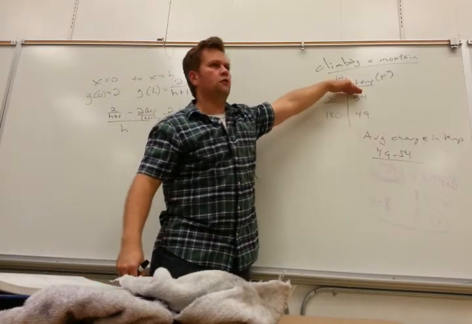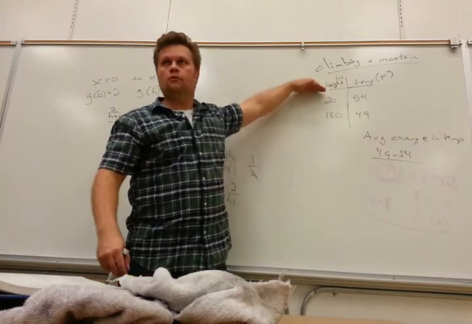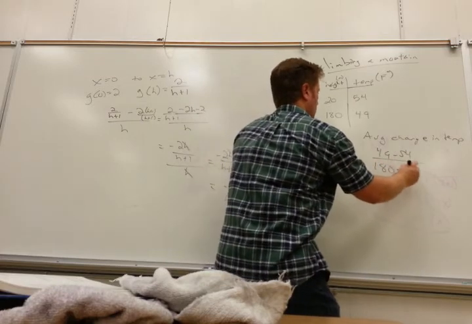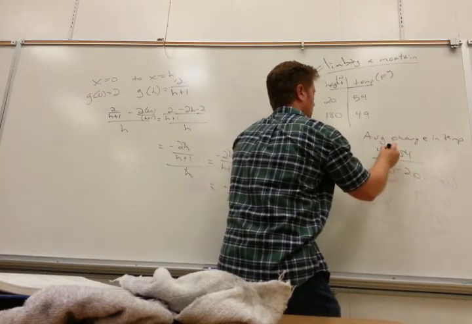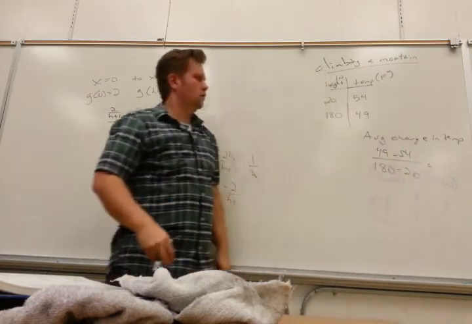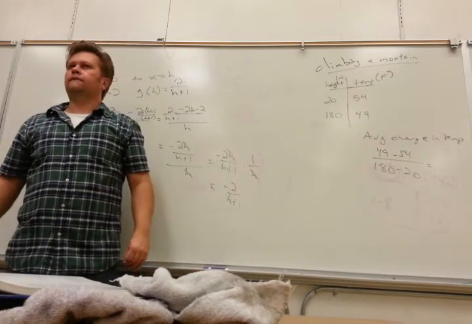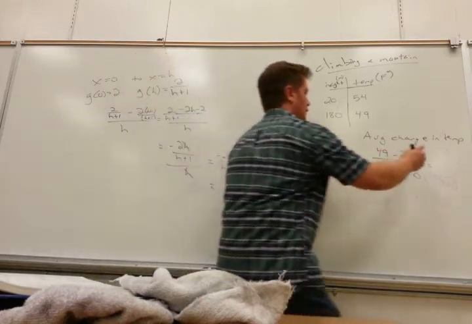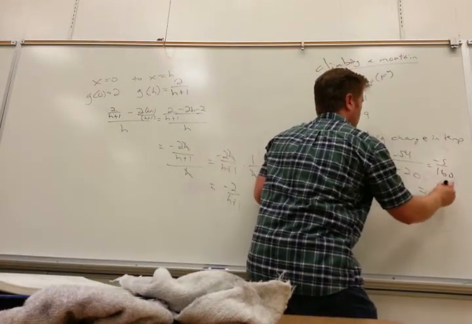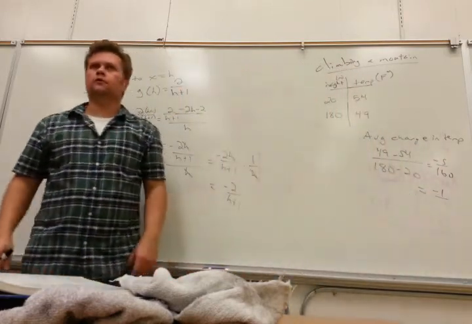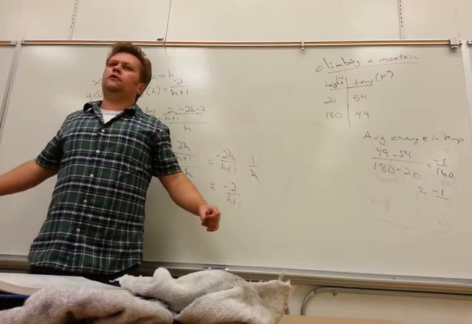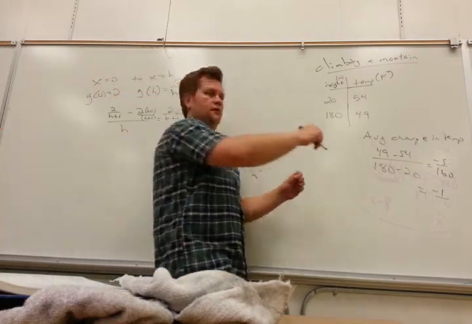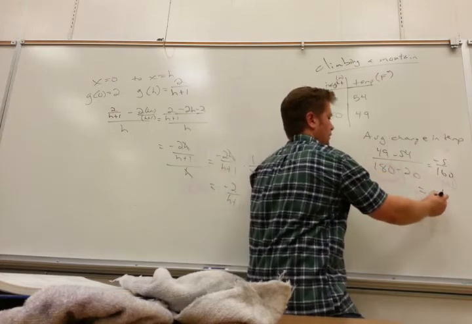So 49 minus 54 over 180 minus 20. Negative 5 over 160, which is negative 1 over 32.